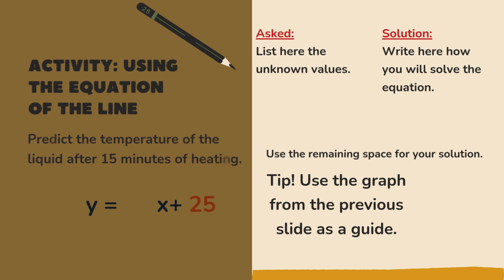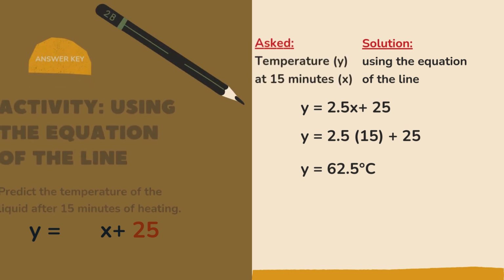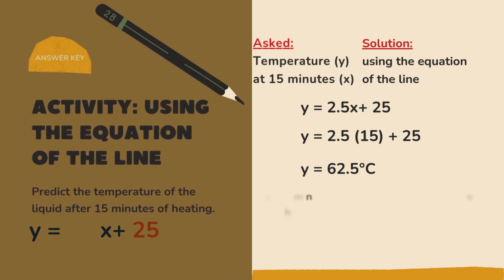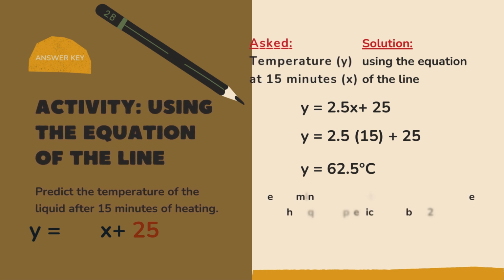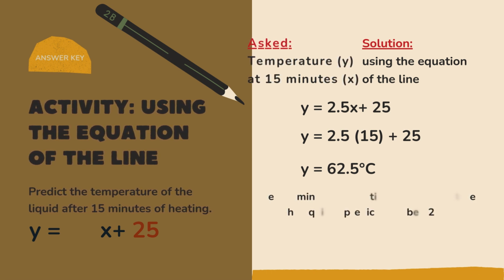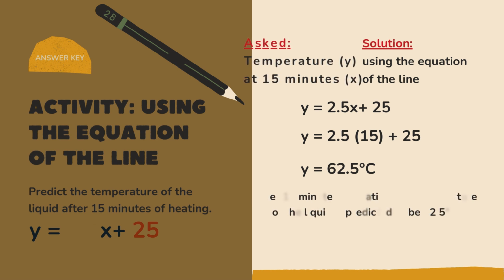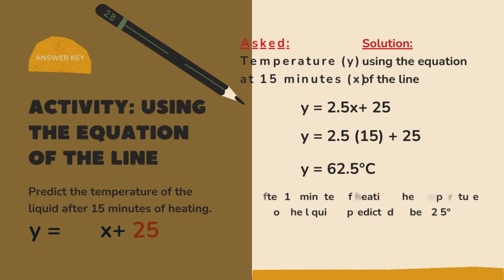Activity: using the equation of the line, predict the temperature of the liquid after 15 minutes of heating. So y equals 2.5x plus 25. We want the temperature, y, at 15 minutes using the equation of the line. So with x equal to 15, we have 2.5 times 15 plus 25.